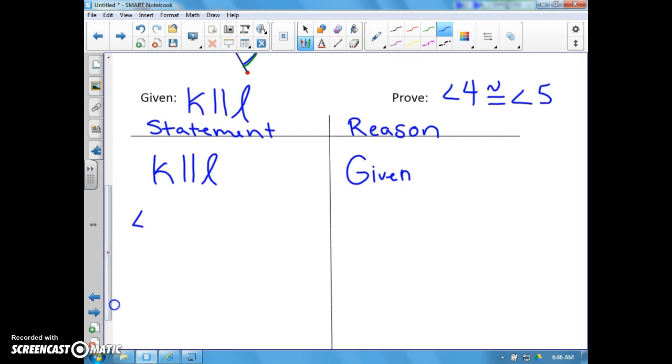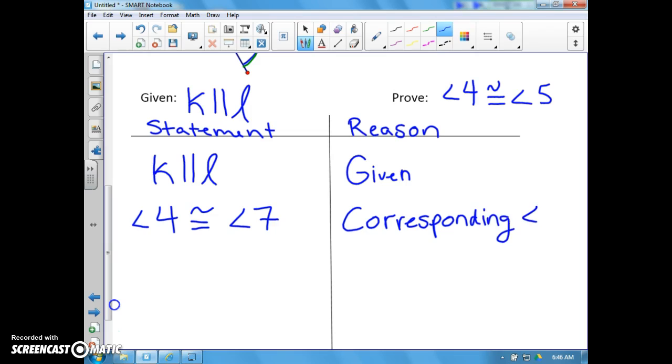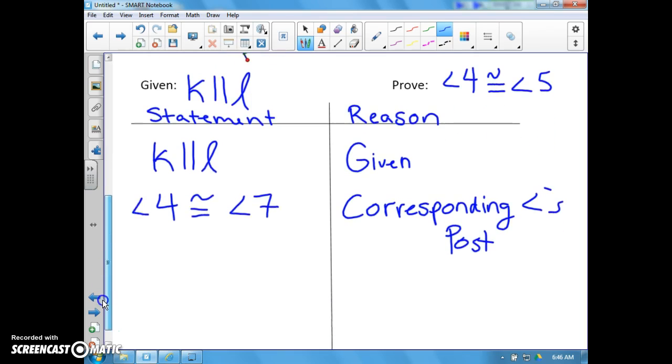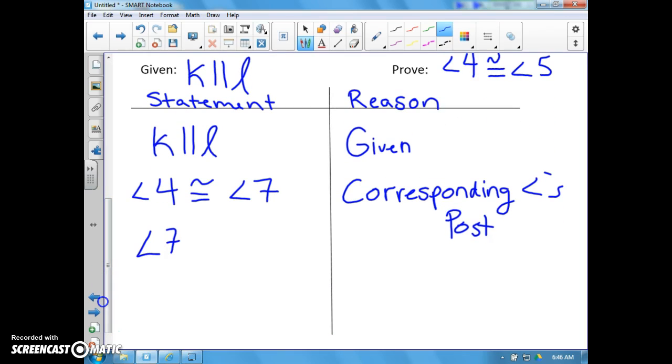I'm going to say angle 4 is congruent to angle 7 by the corresponding angles postulate. Then I'm going to say that angle 7 is congruent to angle 5 by the vertical angles theorem.